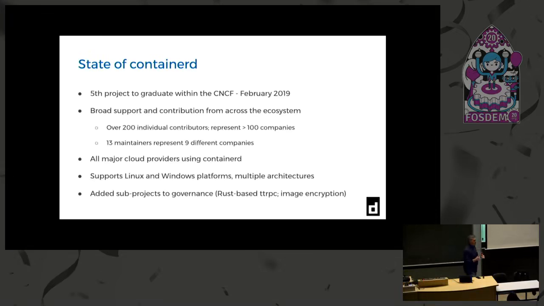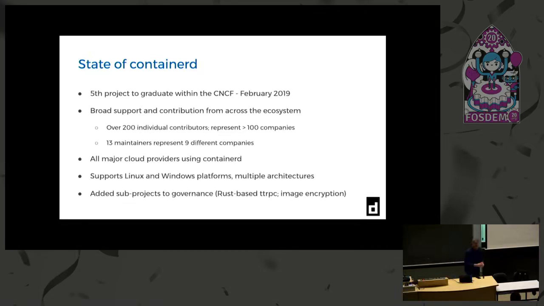And our current governance status, we have 13 maintainers representing 9 different companies. So again, I think there's been a sense in which early on Containerd was seen as just another Docker company project. Clearly that's not the case. We have maintainers from Amazon and Alibaba and IBM and Google and a lot of other individuals. So effectively that just reflects that all the major cloud providers are using Containerd in some way. We'll see how in a few minutes.